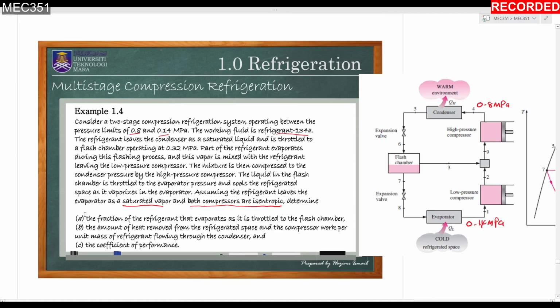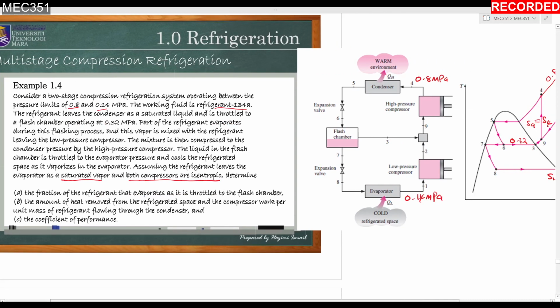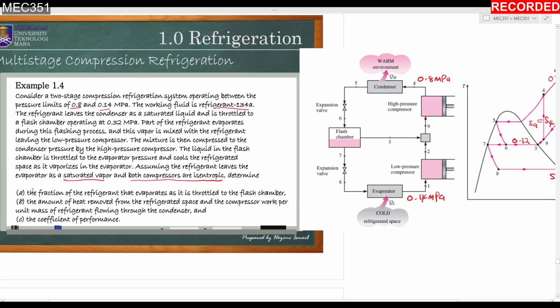Okay, so A: the fraction of the refrigerant that evaporates as it is throttled to the flash chamber. The question A wants you to find the fraction. What is the fraction? The fraction is given the symbol x for the saturated mixture.